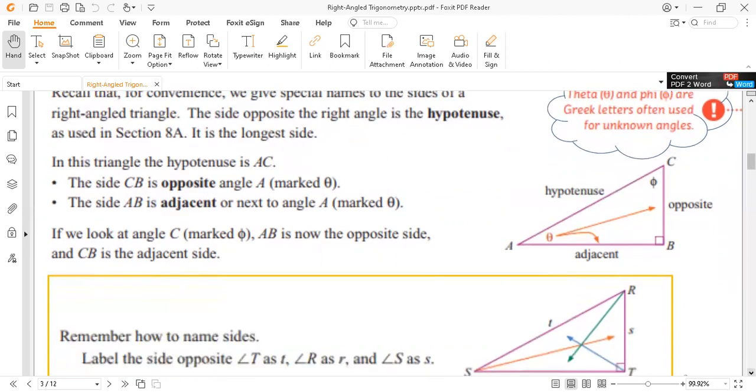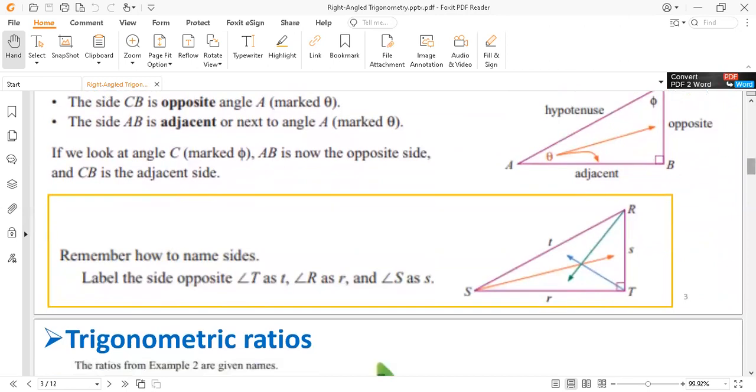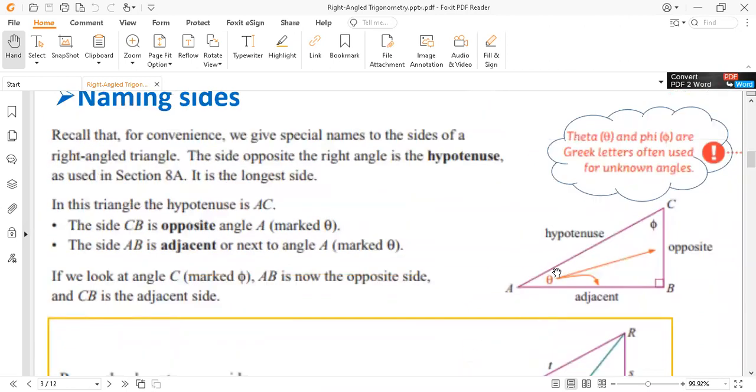If we are talking about theta, the side opposite to this angle, we denote as the opposite.